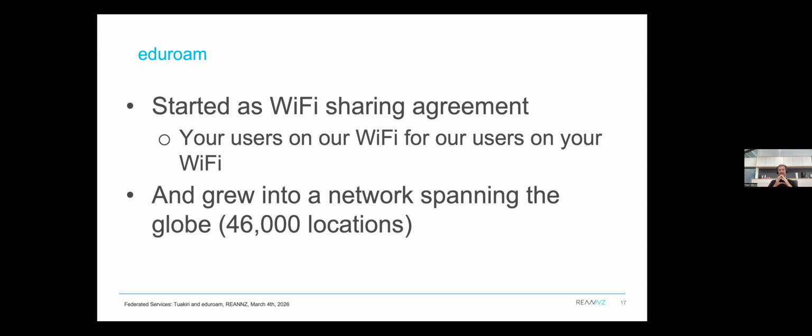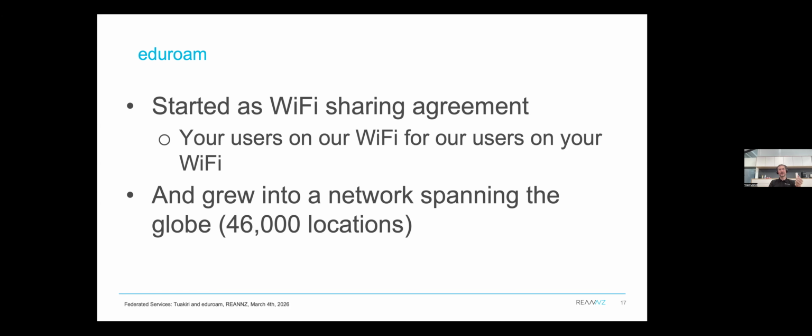And eduroam is a service for access to Wi-Fi that started as a Wi-Fi sharing agreement between two Dutch universities. We let your users onto our Wi-Fi if you let our users onto your Wi-Fi. And that grew into a global network by just asking, can we join your club?